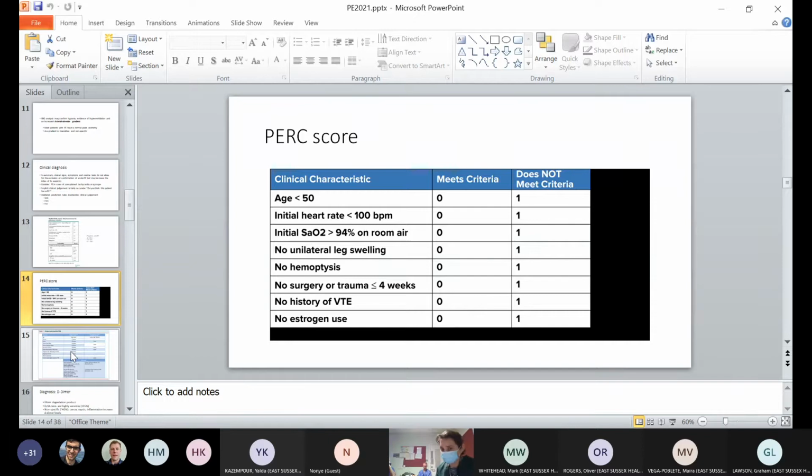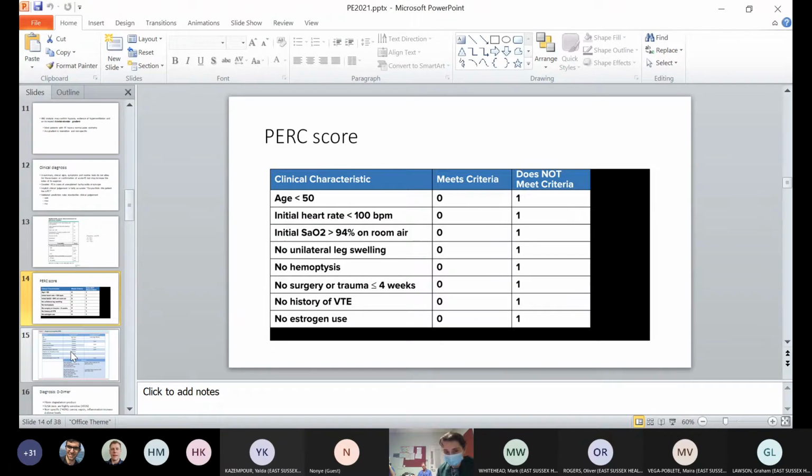It's not something for massive PE; for that, PERC score is useless and unnecessary. Only when you have low clinical suspicion can you use this PE ruling out criteria score, which will help you get people home without doing any D-dimer. You can do D-dimer if you're still worried. But if the risk is very low, the history is completely consistent with musculoskeletal injury or heavy lifting, and there's nothing else putting you at any risk factors, it's very reassuring.